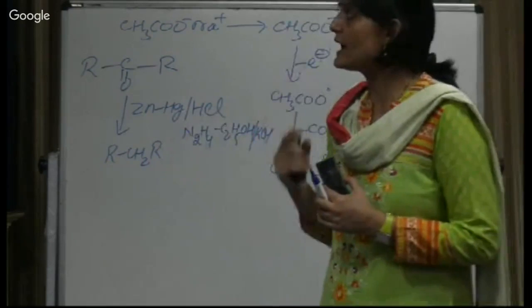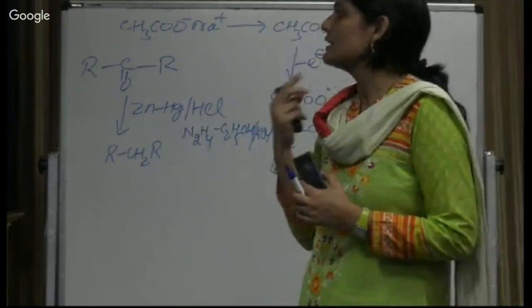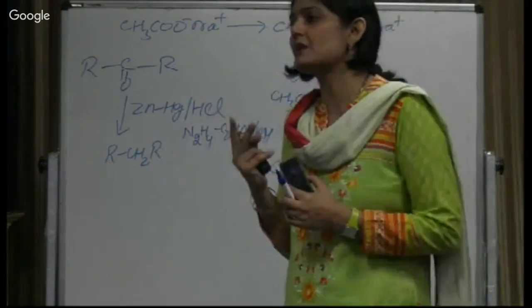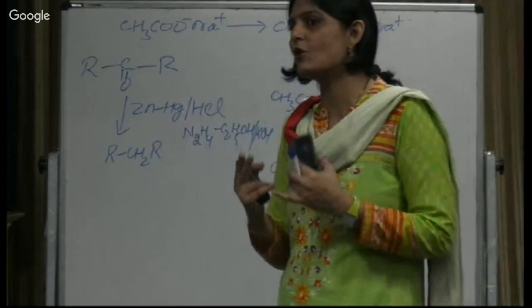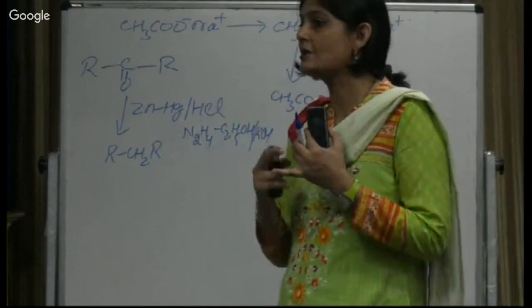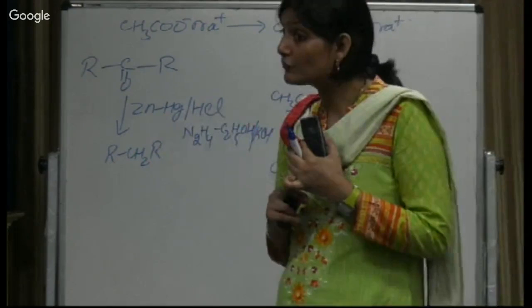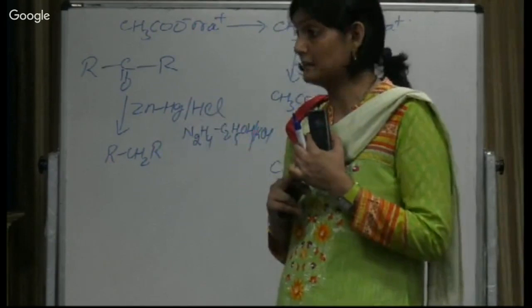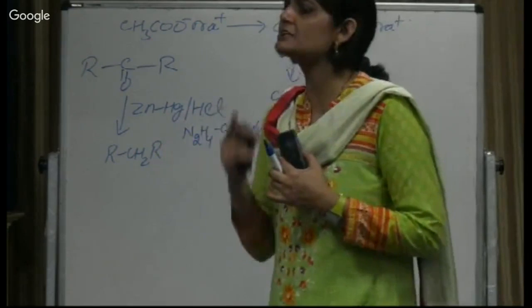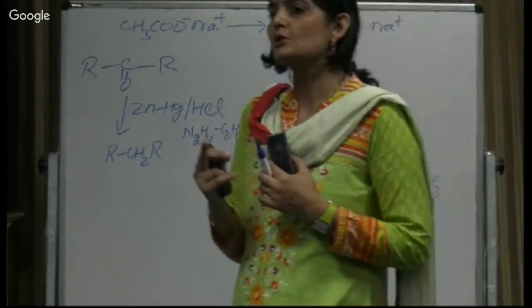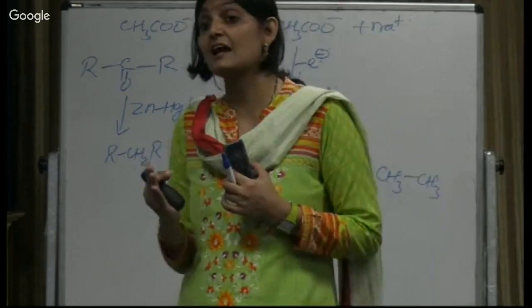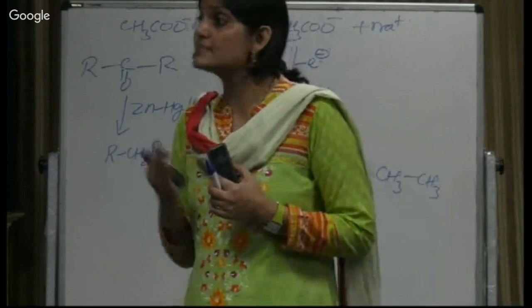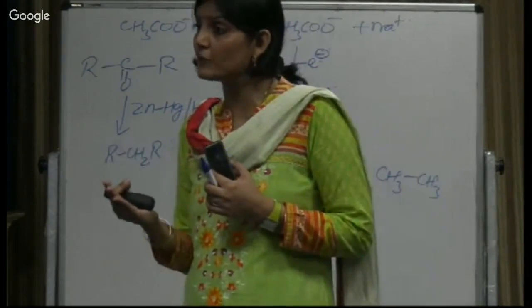Now, before I start this reaction, there are two things that we need to answer. I said that this reaction takes place for chlorine and bromine. Why not for fluorine or iodine? In case of fluorine, normally you do not prepare fluoroalkanes by direct fluorination because the reactions are highly explosive. Is there any alternative method to prepare fluoroalkanes?